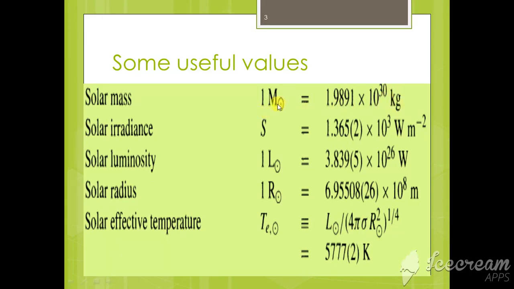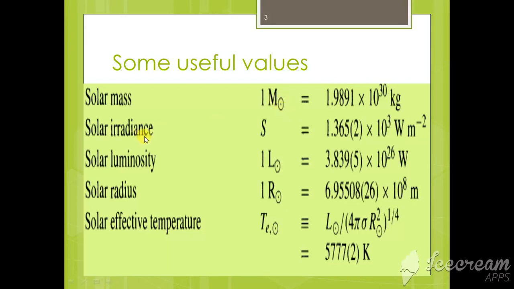Solar mass is represented with a subscript capital M having the subscript a large circle with a small dot. This is a symbol of sun. So its solar mass, therefore, M is having this subscript.